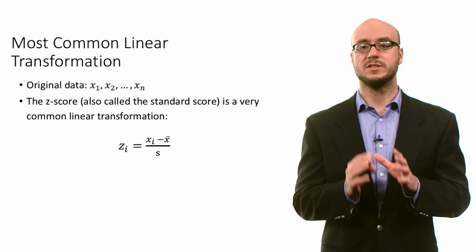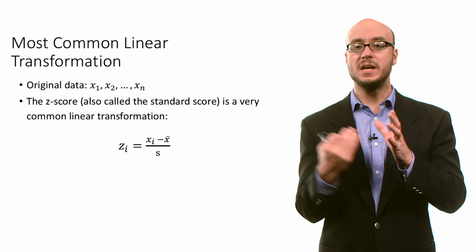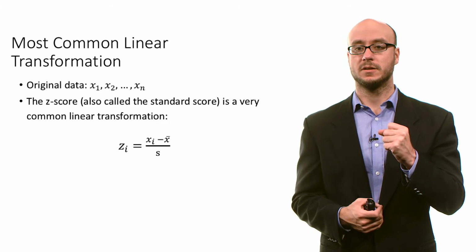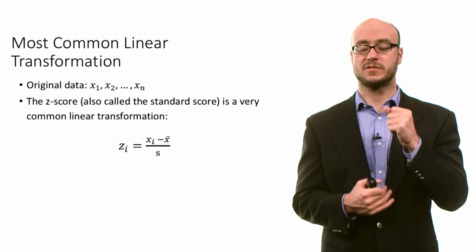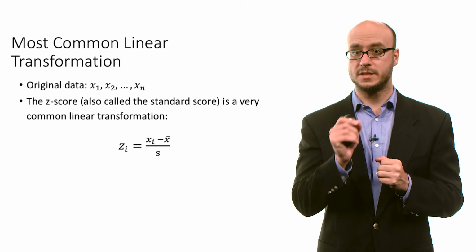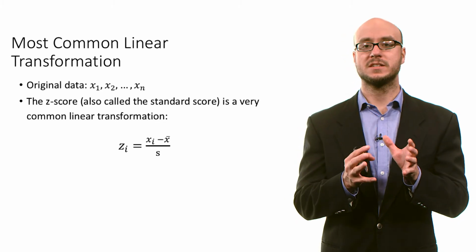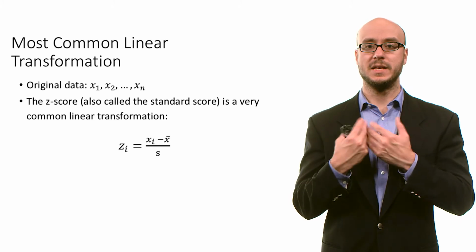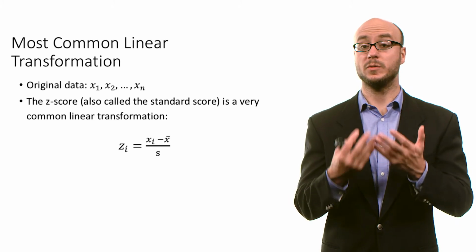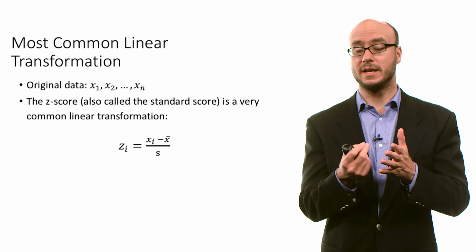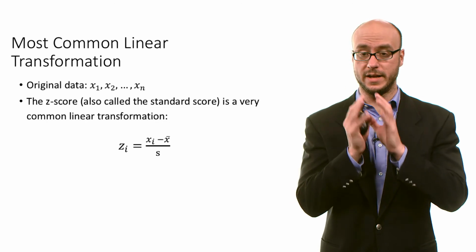So think about what's going on when we subtract the mean of x from x. When you subtract the mean of x from x, we have a new mean. That mean is 0. Think of it this way. If a particular x value is equal to the mean, then subtracting out the mean will give that x value a value of 0.